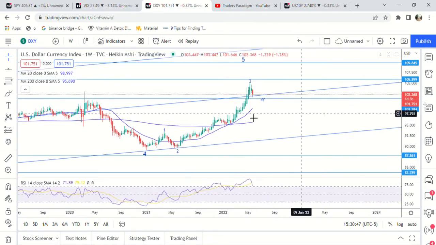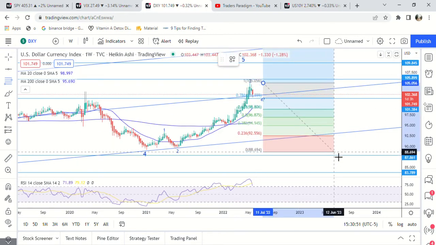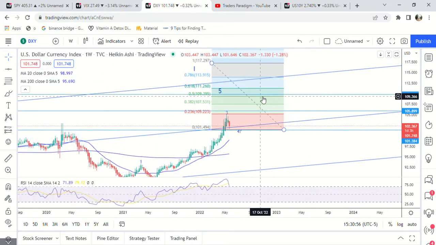And then we would be looking for something around, like I already have labeled up here, I've already talked about, it just could go above this third wave, barely, or it could go all the way up to 109, 110.